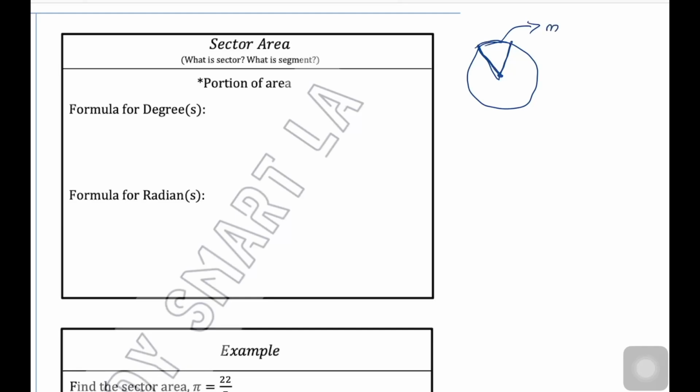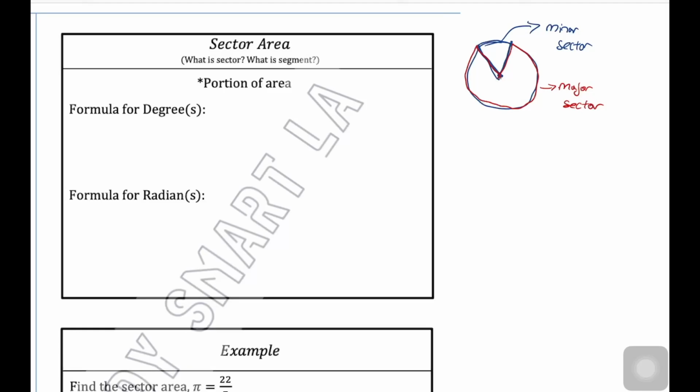So the blue is actually your minor sector, while the red one is this thing called your major sector. All right, this is the major sector.